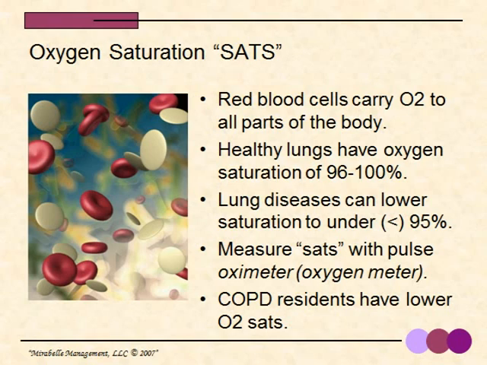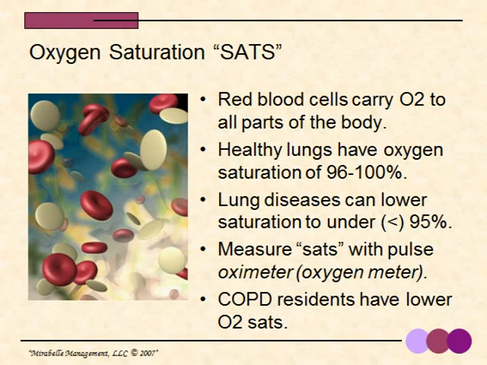Red blood cells carry oxygen to all organs of our body. Those of us with healthy lungs have an oxygen saturation rate of anywhere from 96 to 100% just breathing regular room air. Lung diseases can lower saturation rates to under 95%.